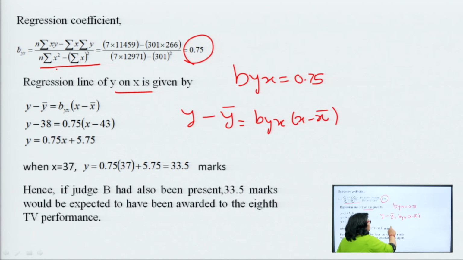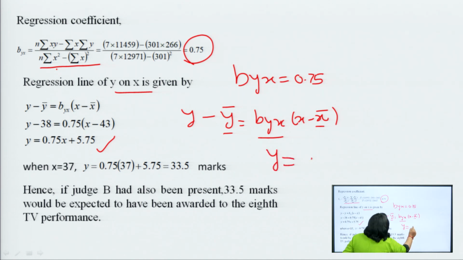Putting all values of y bar, x bar and b y x, we get the equation y is equal to 0.75 x plus 5.75.